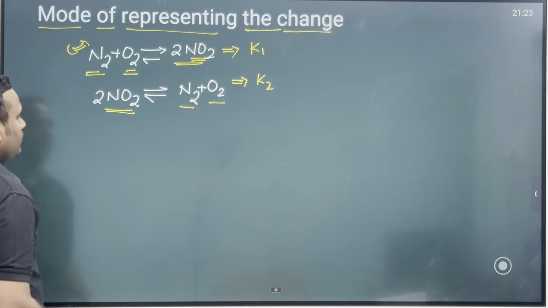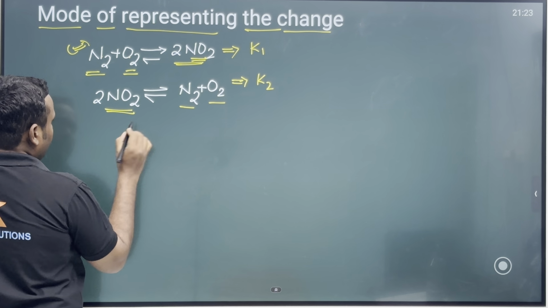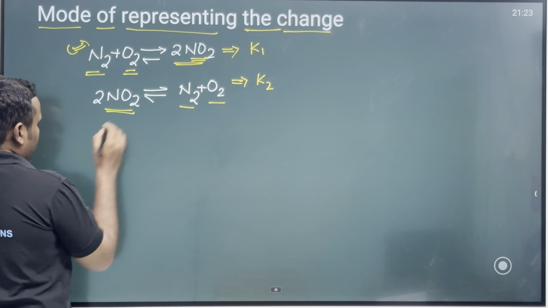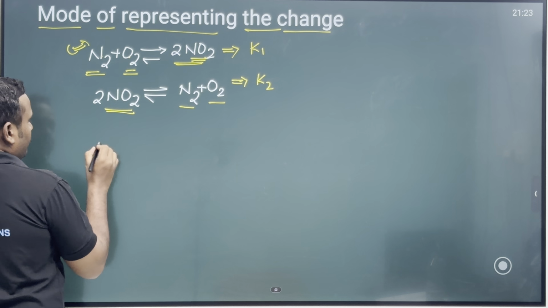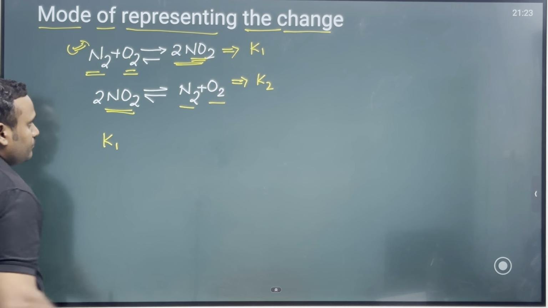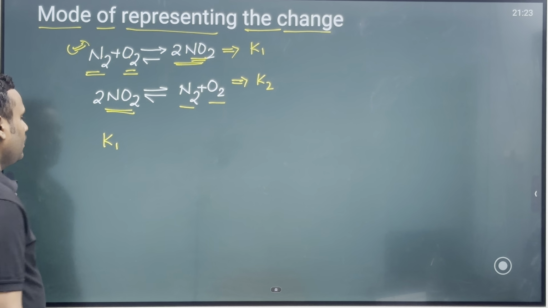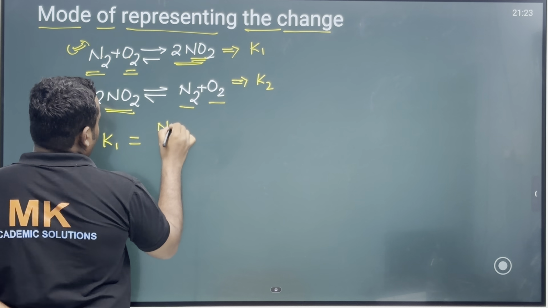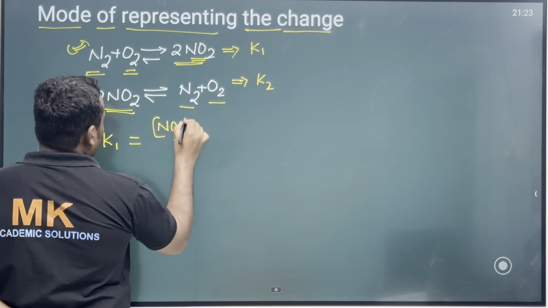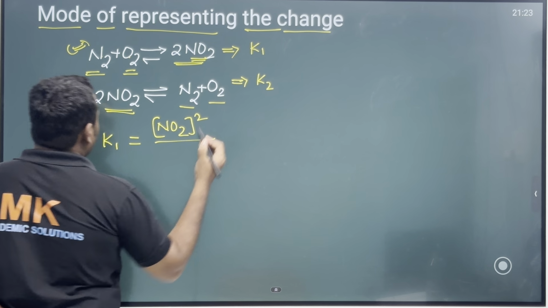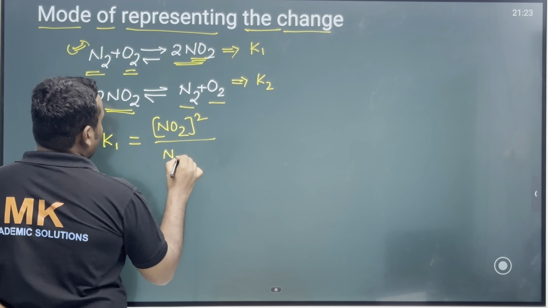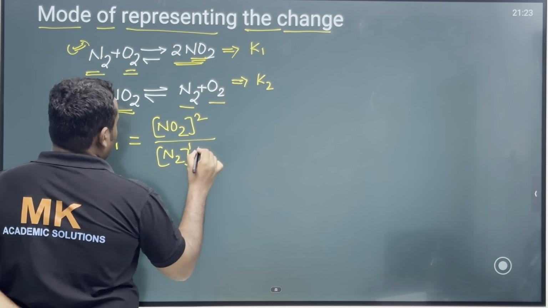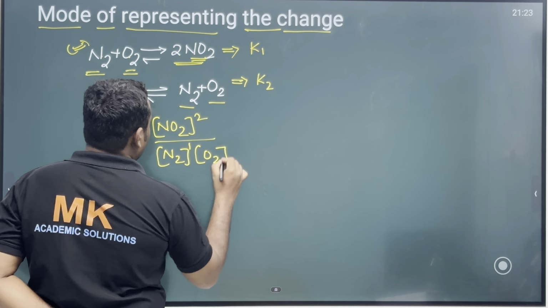So now what is the relation between K2 and K1? We can prove this relation also. First you write the K1. So when you write K1, what do you get? K1 is equal to NO2 whole square by N2 power 1 and O2 power 1.